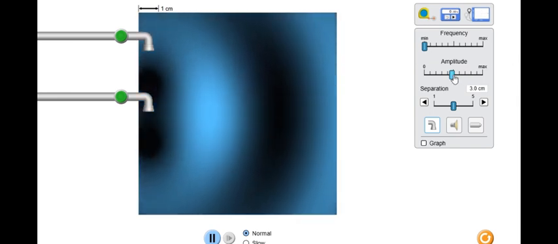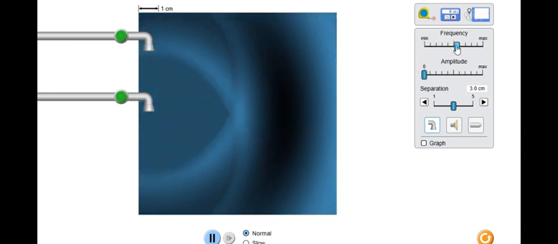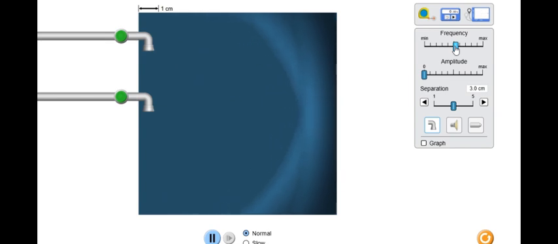Then what about the amplitude? When the amplitude is zero, there is no wave. The waves cancel each other.